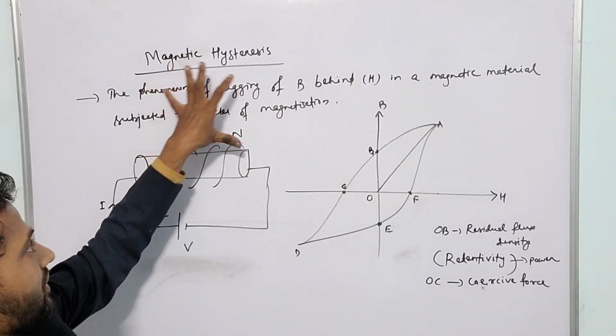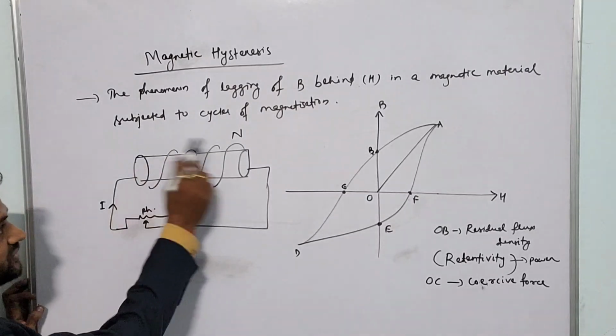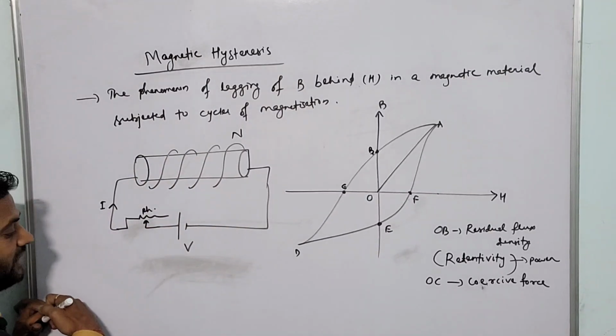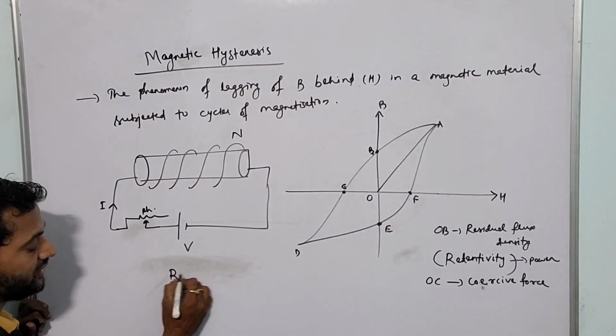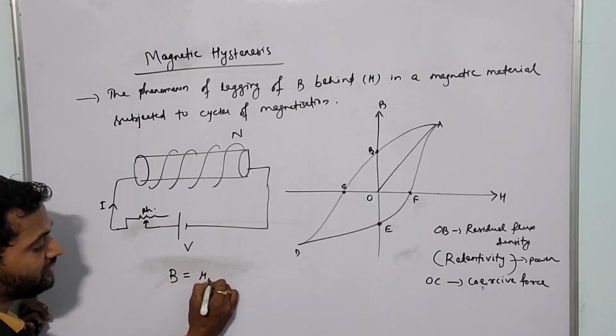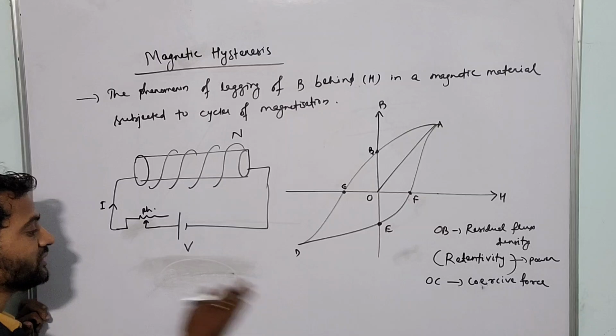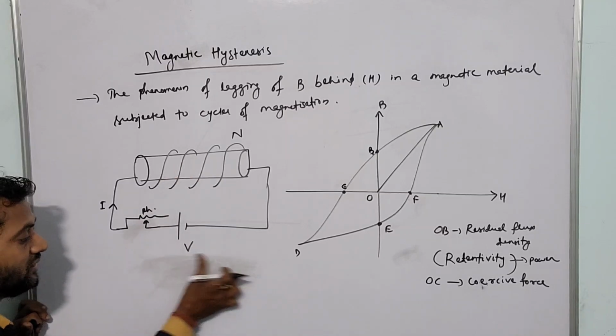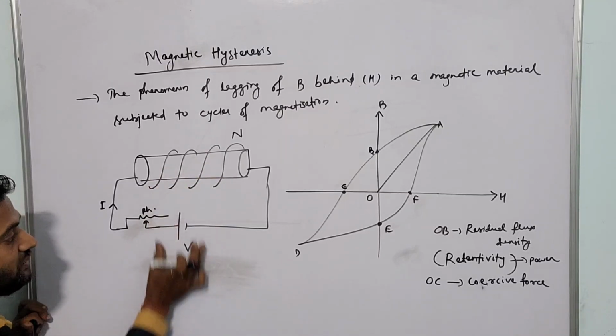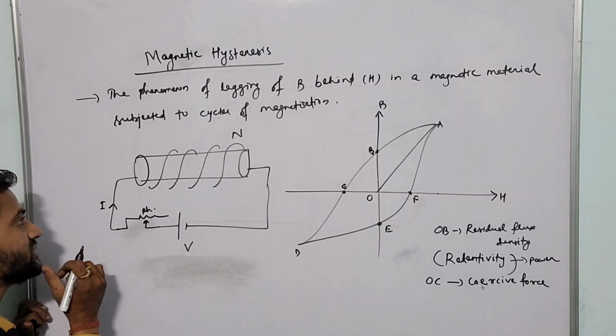To understand this, we will take an example of a solenoid. As you know, the magnetic field inside the solenoid is nothing but mu naught into Ni, where n is the number of turns per unit length. Here we have considered a solenoid energized through a power supply with a rheostat, or variable resistor.